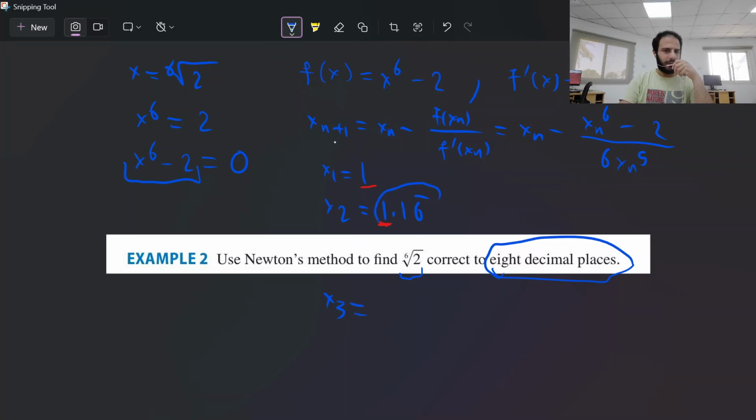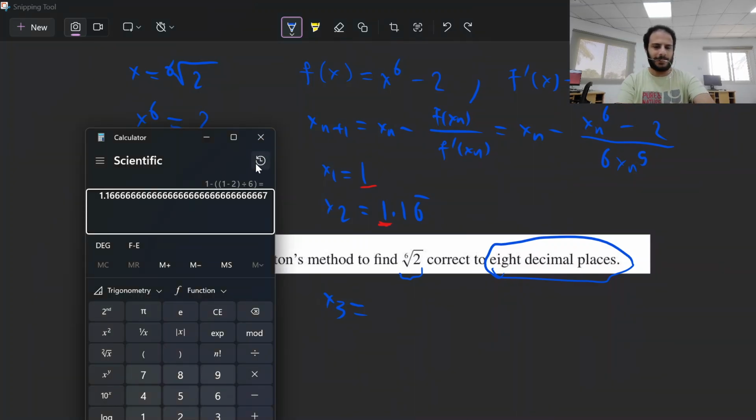Now here, for this one, you use the Answer button on your calculator. Because here you have a lot of 6's, right? You cannot write it. So you substitute it in the formula. You write answer minus answer power 6 minus 2 over 6 times answer power 5. But here on my computer, I will use Control C and Control V, okay? So here, Control C. Let's start again.